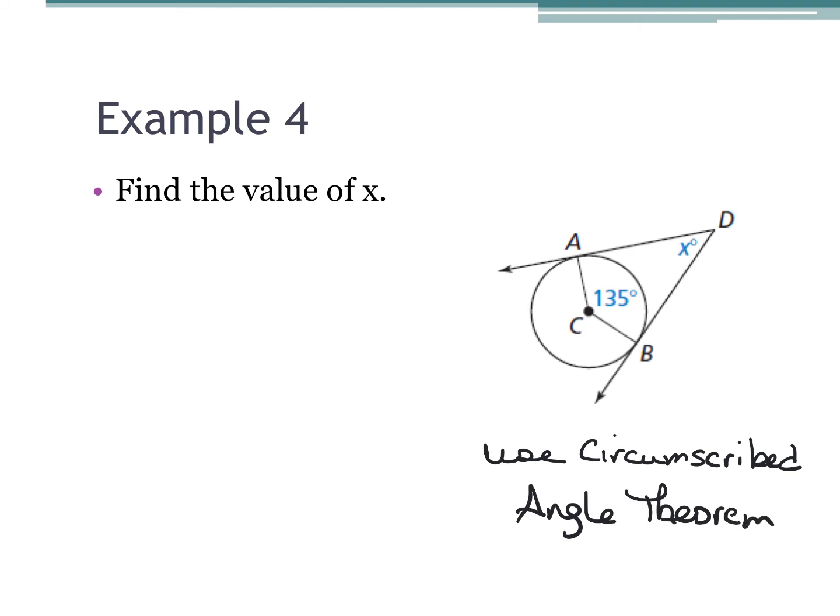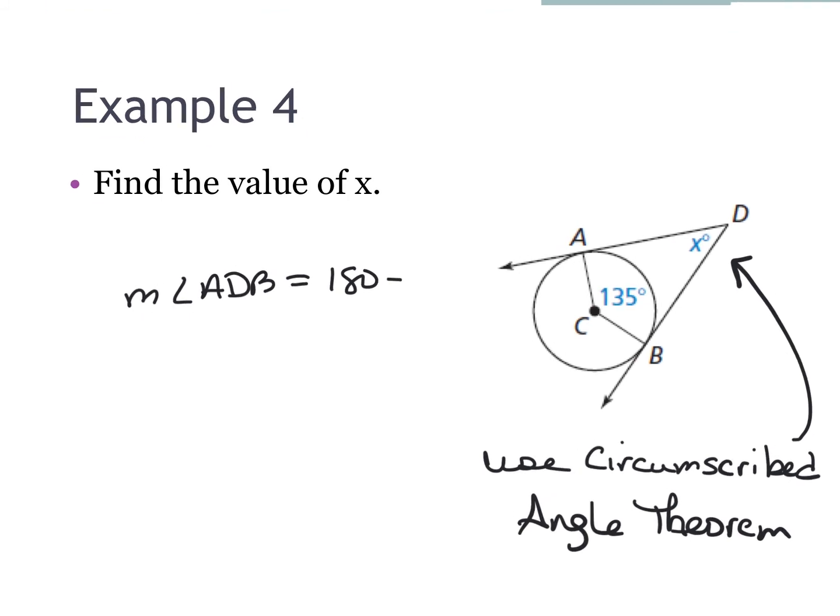So my circumscribed angle is this angle D, or the one that's x degrees. So remember, for that formula, we're going to take the circumscribed angle, which is ADB, and it's equal to 180 minus the central angle that has the same intercepted arc. So that's going to be angle ACB.